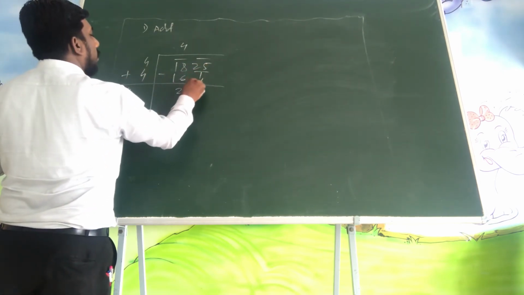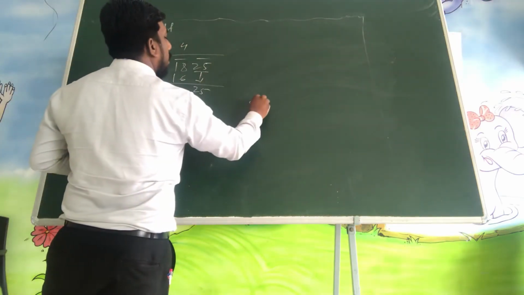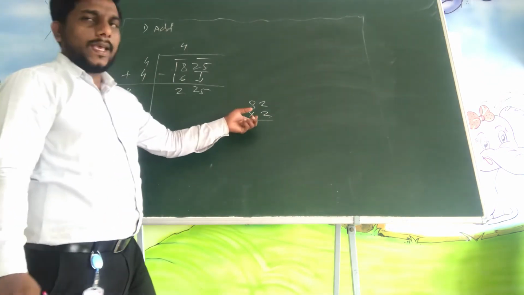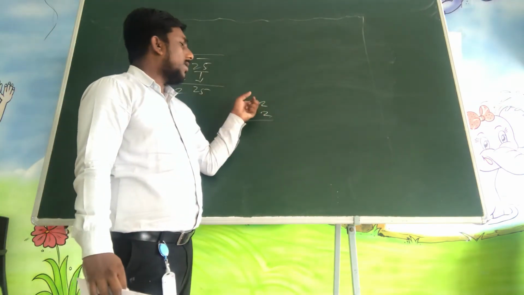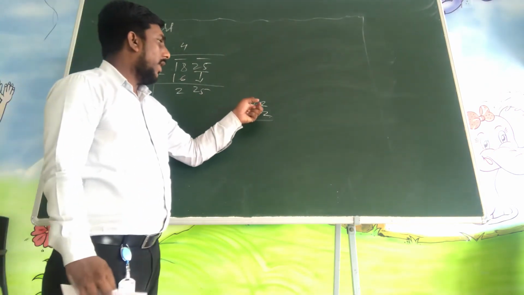Remaining 25. So we can take 82 into 2, because if we take 83, 8 3s are 24, which is greater than this number. So we can take the smaller number 82.